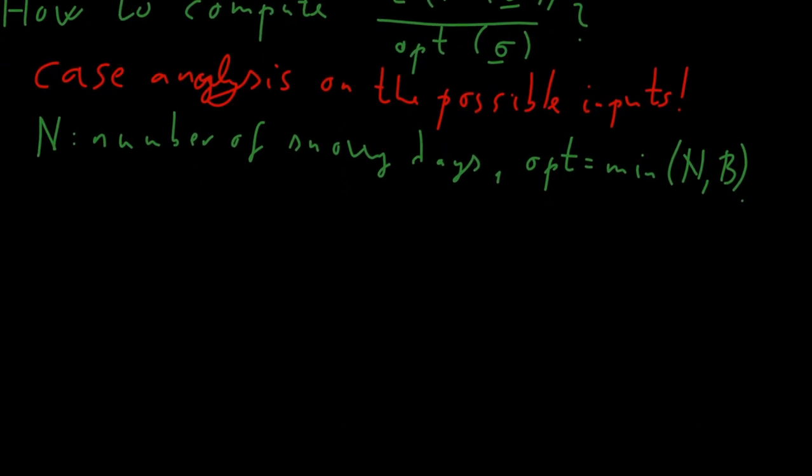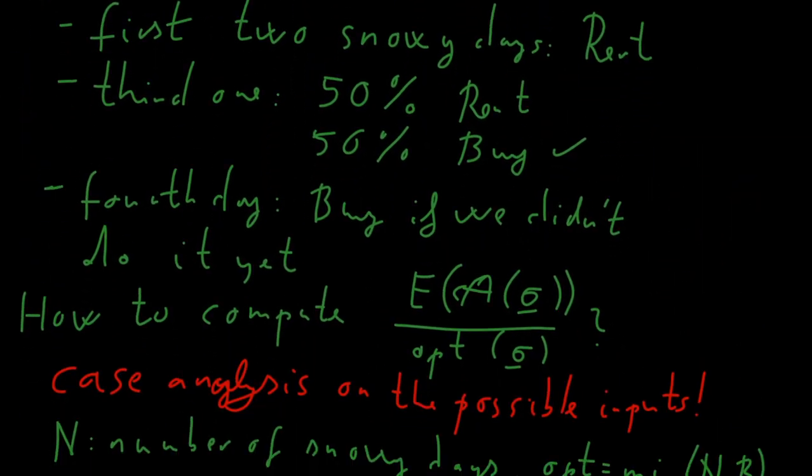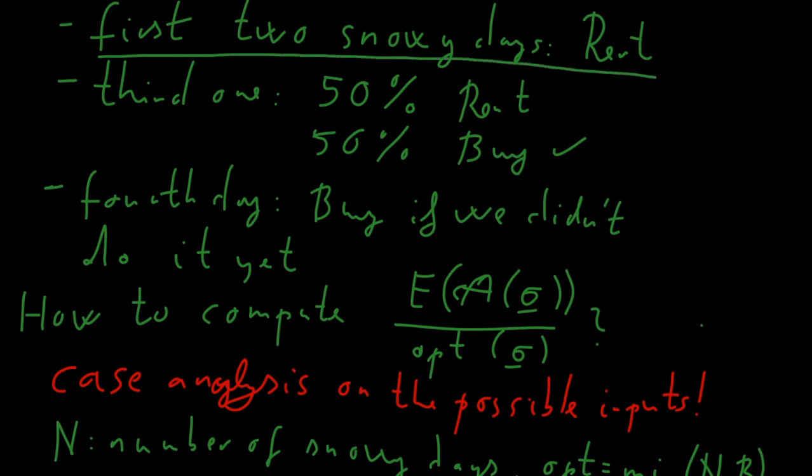So if n is at most 2, then this algorithm will, I'm just checking it back, for the first 2 snowy days it always rents.